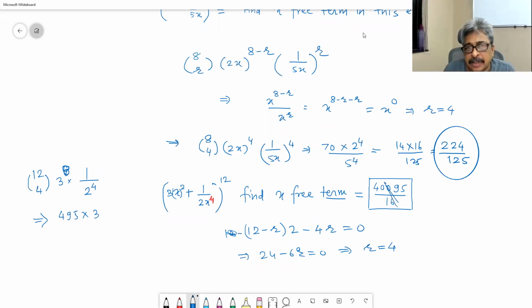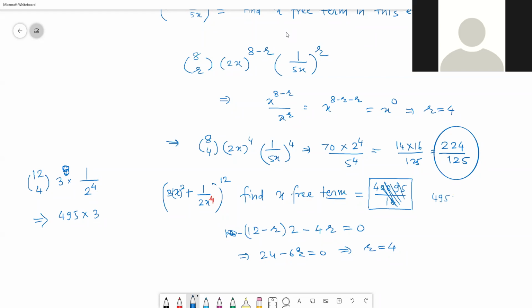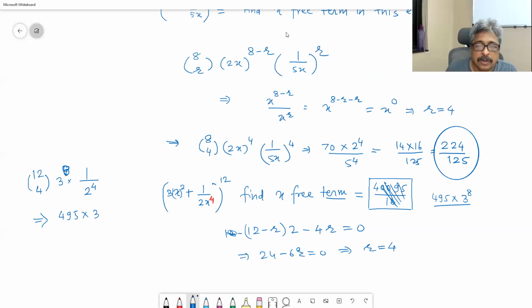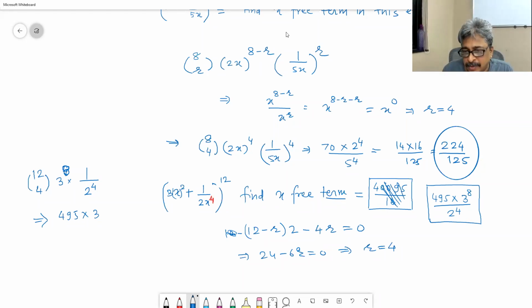And then this answer is not correct. Sir, it is 495 into 3 raised to power 8 by 2 raised to power 4. Sir, 3 power 8 is 6561. But it is too big a number. I mean, it's okay.